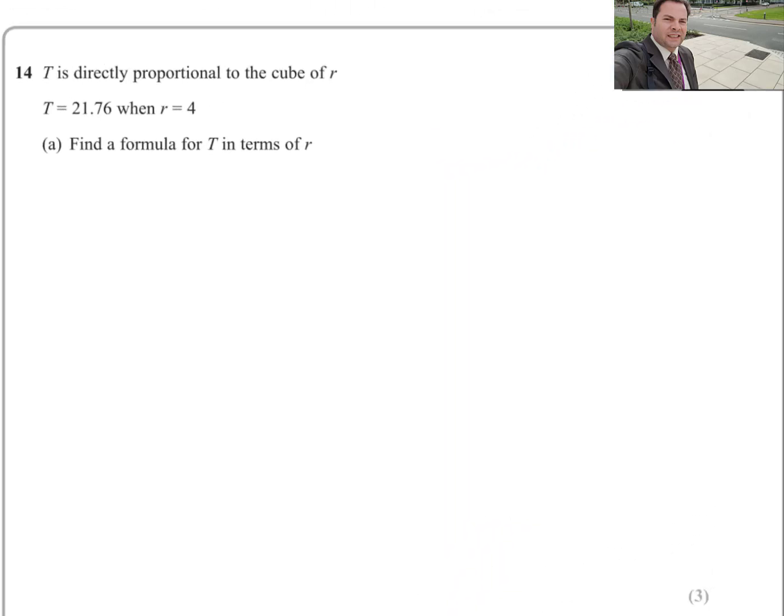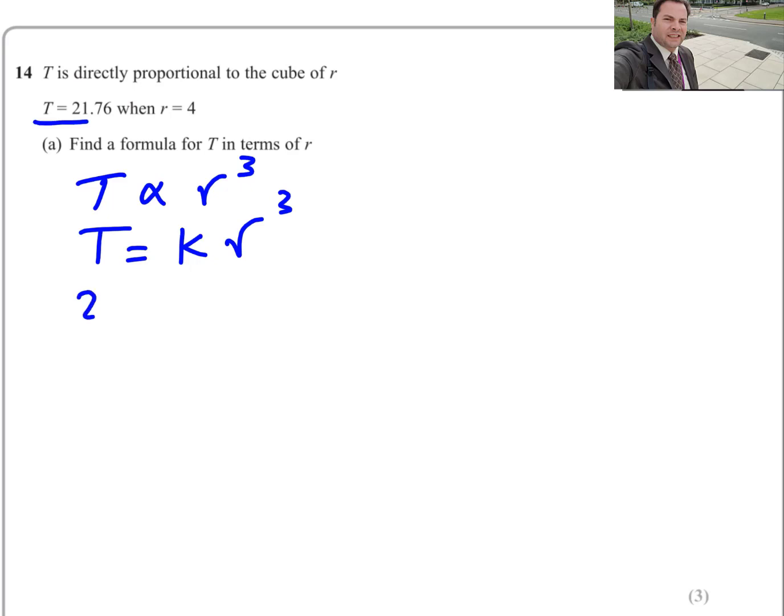Question number 14. T is directly proportional to the cube of R. T directly proportional with R cubed, to the power of 3. This means T is equal to the constant of proportion times R cubed. If it is given two values, one for T, one for R, so you can find the K. Yes, it's given.